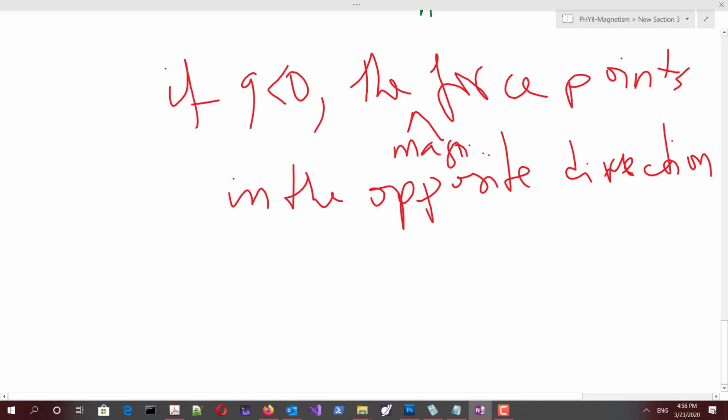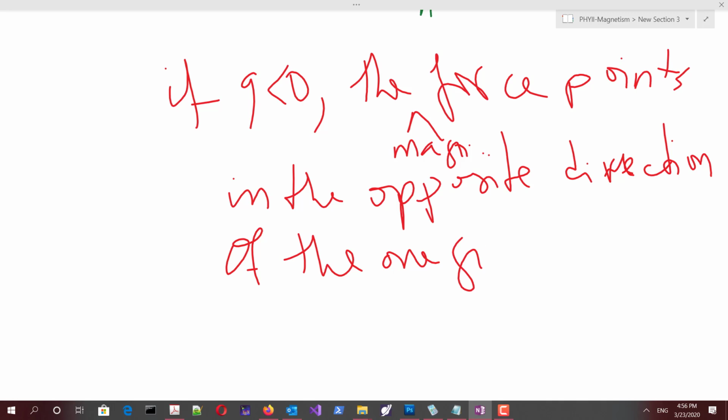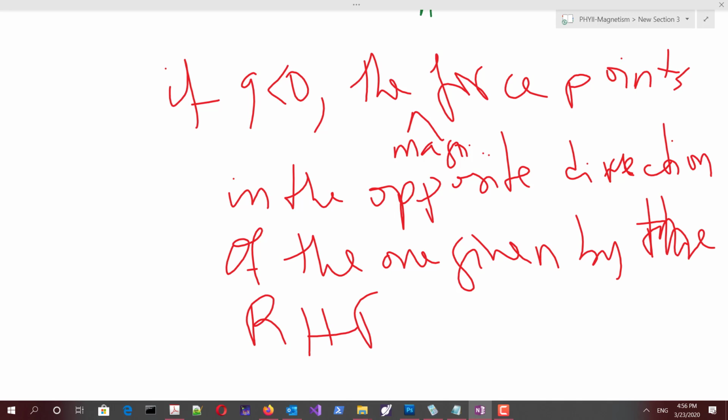So if q is negative, the magnetic force points in the opposite direction of the one given by the right hand rule. RHR stands for the right hand rule.